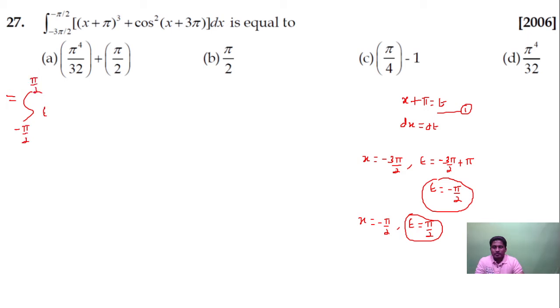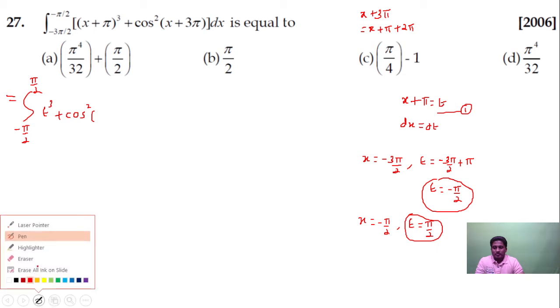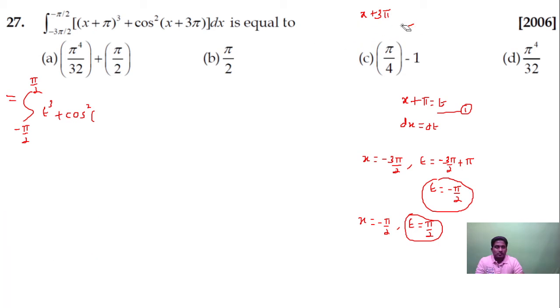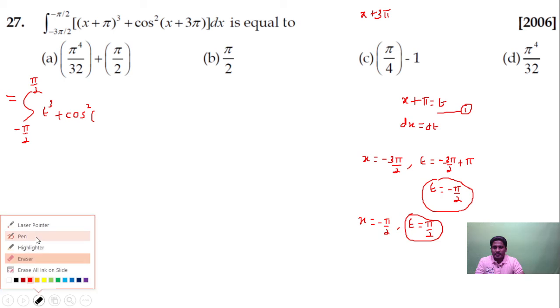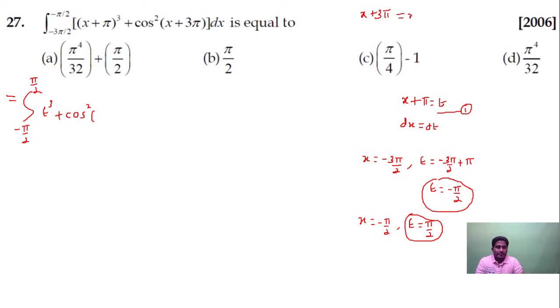This will be equal to t cube, and then plus cos square of x plus 3 pi. x plus 3 pi can be written as x plus pi plus 2 pi, so this is equal to t plus 2 pi.